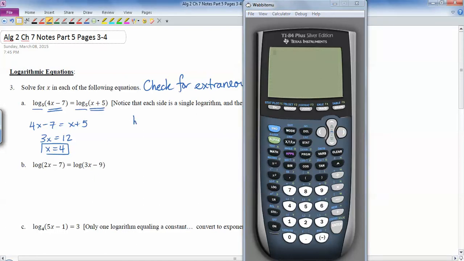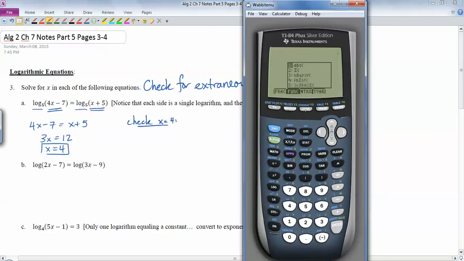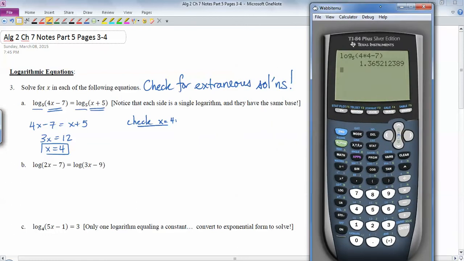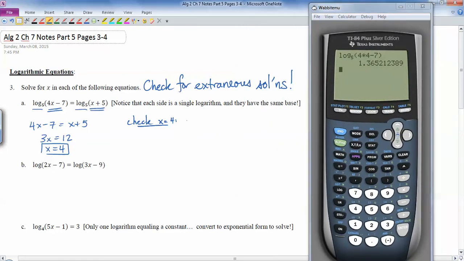All right, so I'm going to plug in 4. So check x equals 4. If I plug 4 into the first one, I've got log base 5 of 4 times 4 minus 7, and that's 1.365.